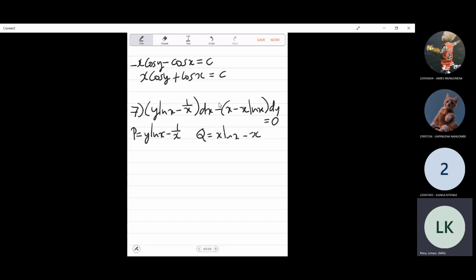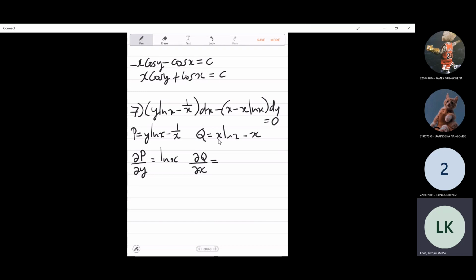Okay, now we can check and see whether it is in fact exact or not. So we have P differentiated with respect to y. This is ln of x, and then Q differentiated with respect to x. Differentiating this one, we must use the product rule.